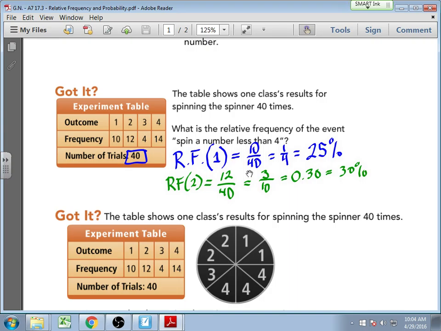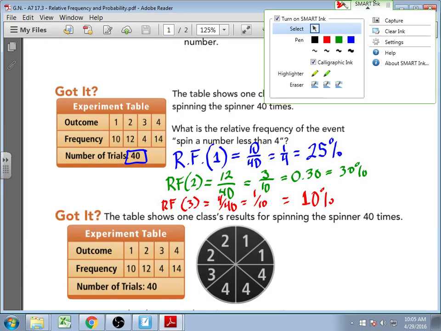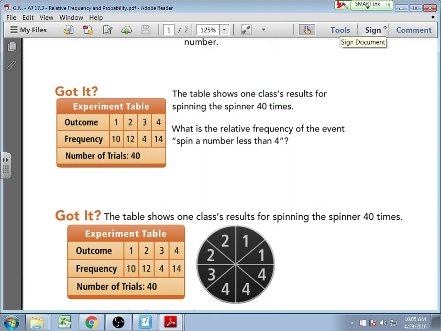What's my relative frequency of getting a 3? 4 out of 40, or 1 out of 10, or 10% chance. And my relative frequency of getting a 4 would be 14 out of 40. We could reduce that down to 7 out of 20, which we could multiply up to get it to 100. It'd be 35 over 100, or 35%.